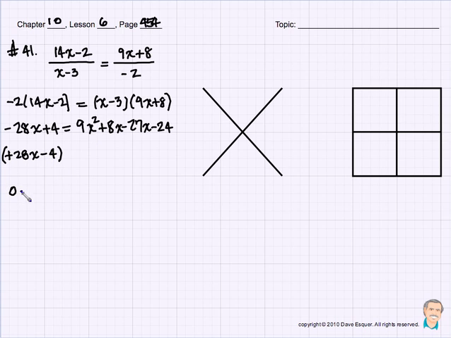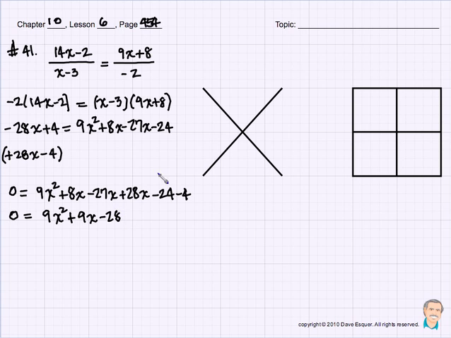Just keep that in mind. So we end up with 0 equals 9x squared plus 8x minus 27x plus 28x, which we added from the other side, minus 24 minus 4. And if we simplify all this, we end up with 0 equals 9x squared plus 9x minus 28.